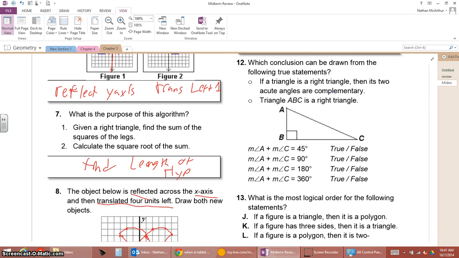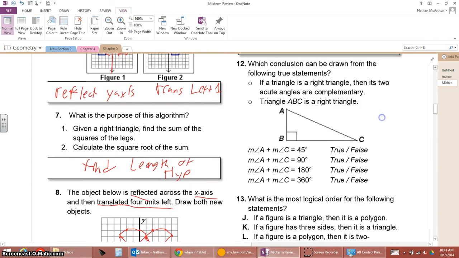Which conclusion can be drawn from the following statement? If a triangle is a right triangle, then its two acute angles are complementary. Triangle ABC is a right triangle. So it says that triangle ABC is a 90-degree triangle.